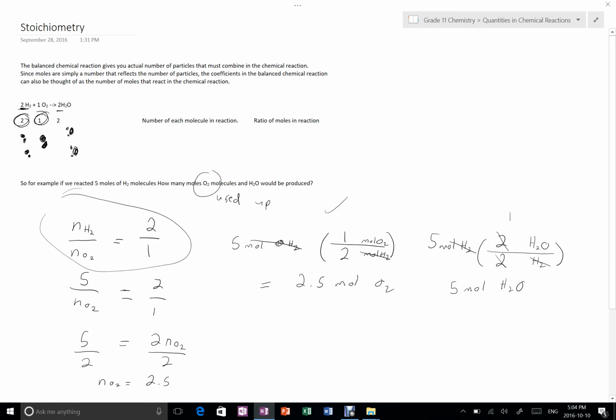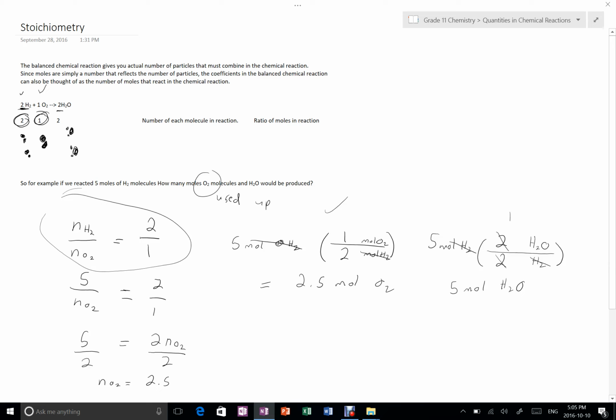One more time, the balanced chemical reaction gives you the actual number of particles or the number of moles that must be combined in different ratios for the chemical reaction to occur. For example, 2 molecules of H2 have to react with 1 molecule of O2 to produce 2 molecules of H2O.